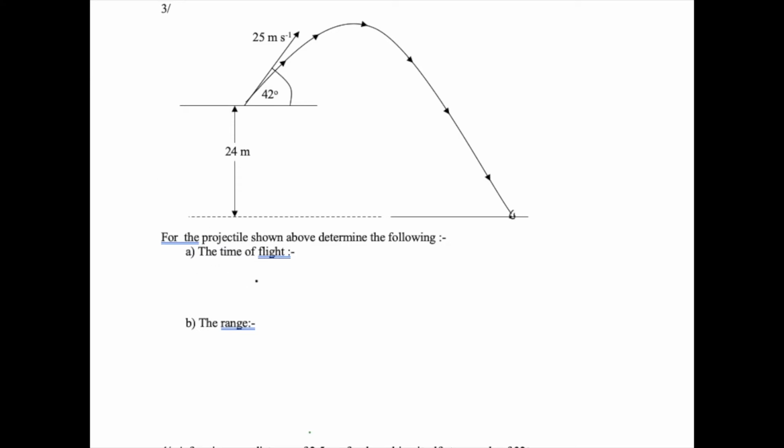So to find the time of flight, the first thing I want you to realize is that the vertical position of this question, of this story, is exactly the same story as number 15 on page 26 of your workbook. So I want you to take a moment to go back to page 26 of your workbook and review the solution of number 15, which we did in class before.